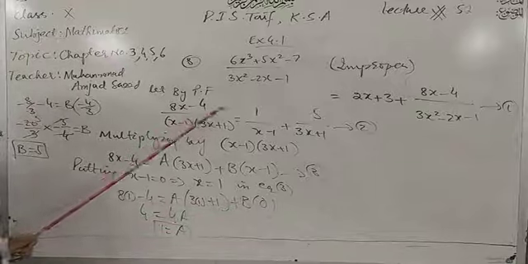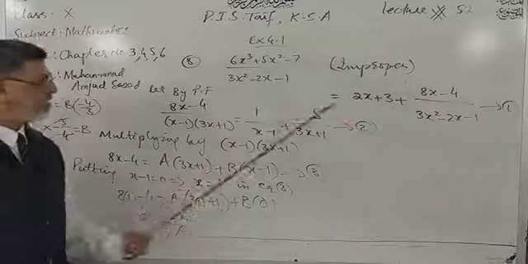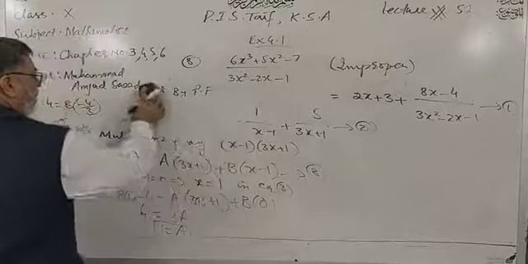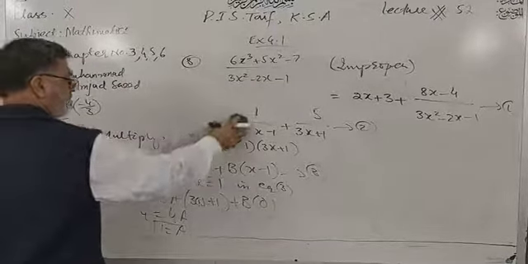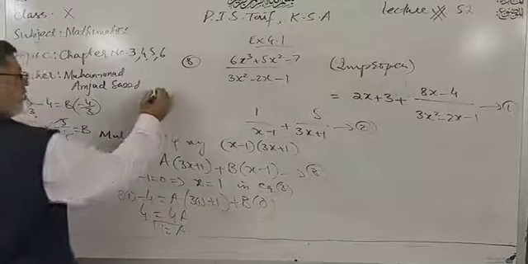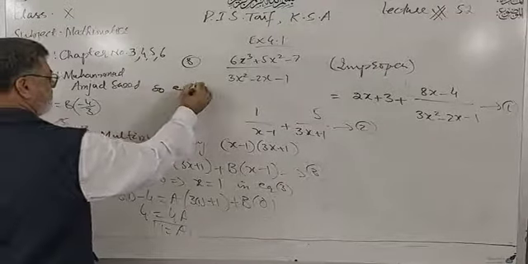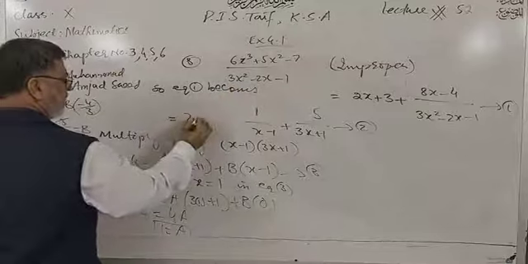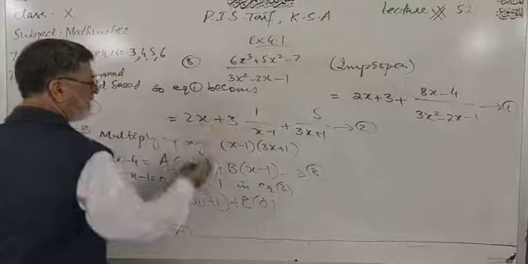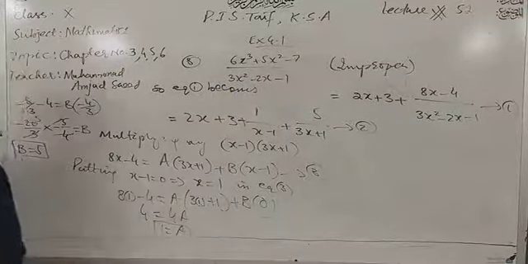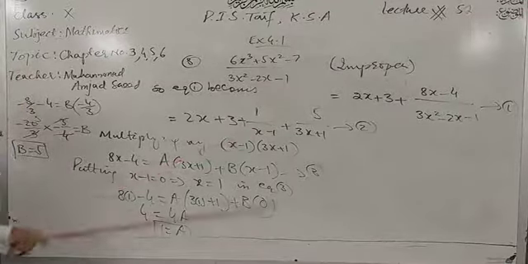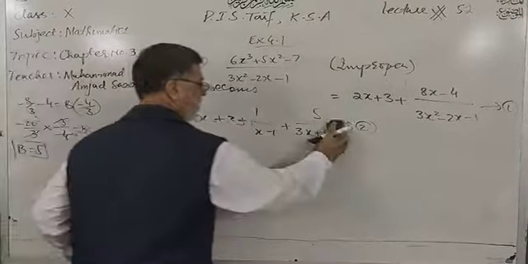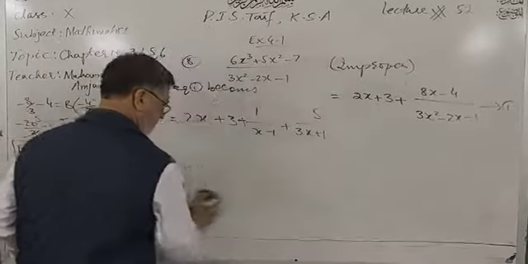Because of this, you will apply these values. So equation 1 becomes 2x plus 3 plus 1 over x minus 1 plus 5 over 3x plus 1. That is your last answer, the complete answer.